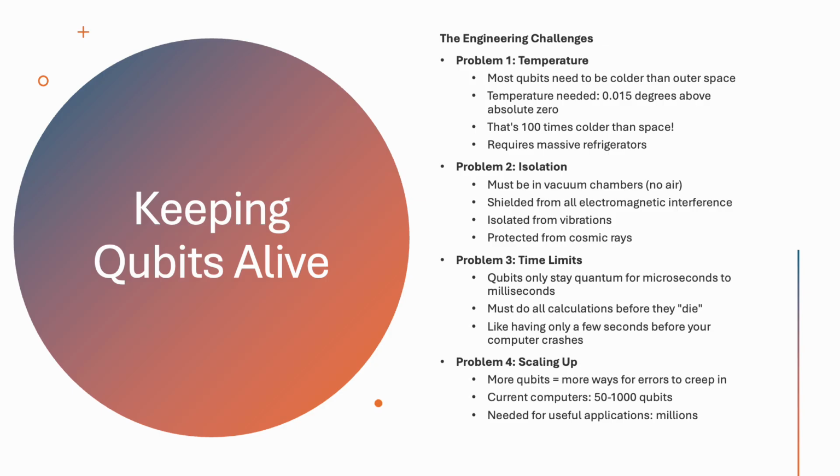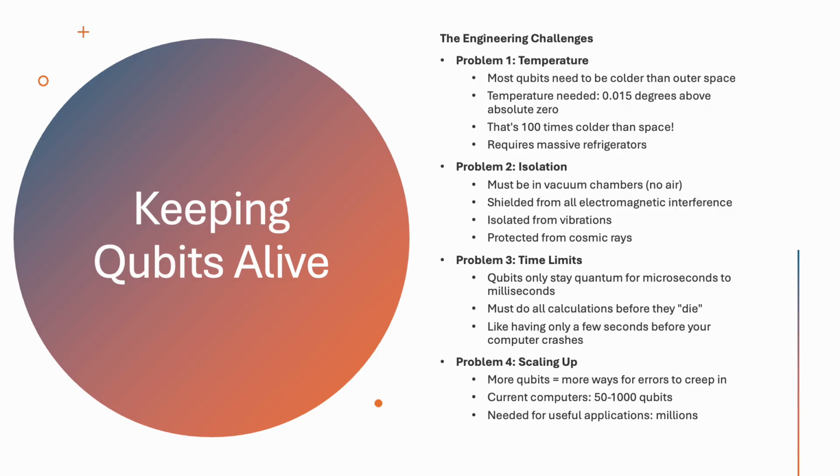Quantum computers must be isolated from virtually all environmental interference. They are placed in vacuum chambers to eliminate air molecules that might bump into qubits. They are surrounded by layers of electromagnetic shielding to block out radio waves, magnetic fields, and other radiation.